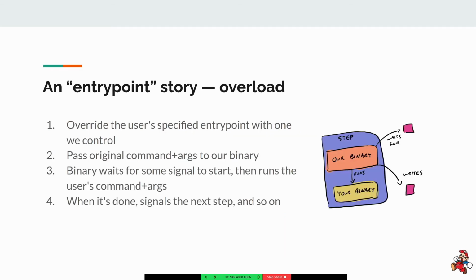And the talk that Jason and Christy did, resumed in one slide, is we overload the user entry point, so either the entry point that comes from the image or the one that the user provided. We override this one with our own one we control. This is a binary called entry point.